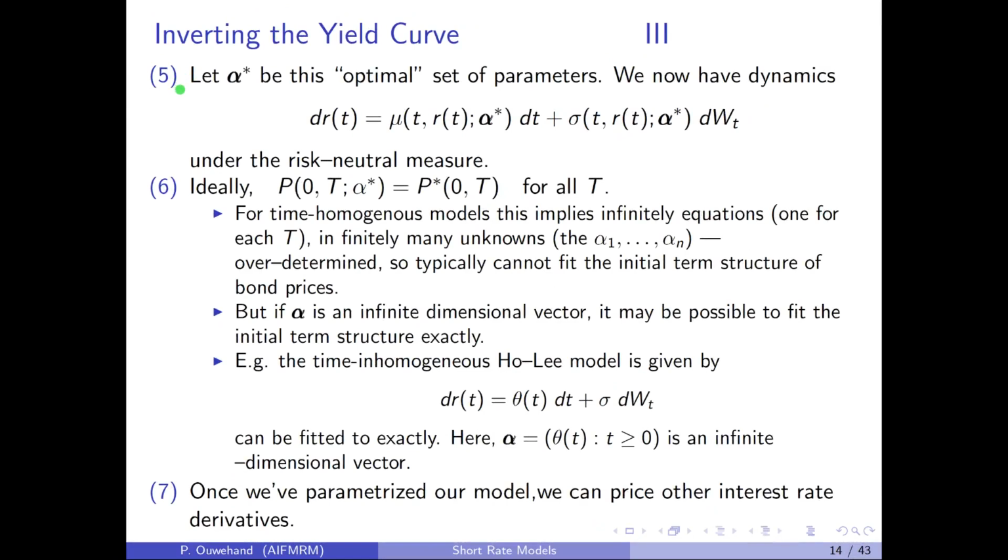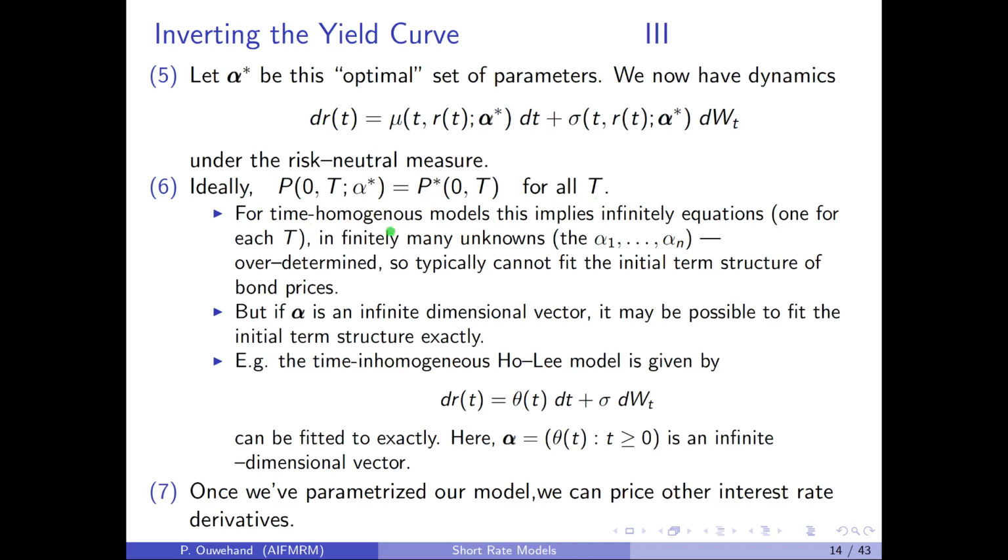Once we've solved this optimization problem, we will have determined an optimal set of parameters alpha star. With these parameters, we now have the dynamics of the short rate under the risk-neutral measure. Now, ideally, the model prices using the optimal parameters will all be equal to the empirical prices for every t.